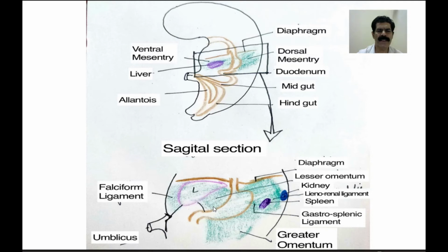So behind the stomach, the lesser omentum and the liver, the lesser sac is created because of the positional changes of the stomach, and through this the lesser sac communicates with the greater sac or the rest of the abdominal cavity. So this is the embryological basis of the development of the lesser sac and the various ligaments around the stomach.